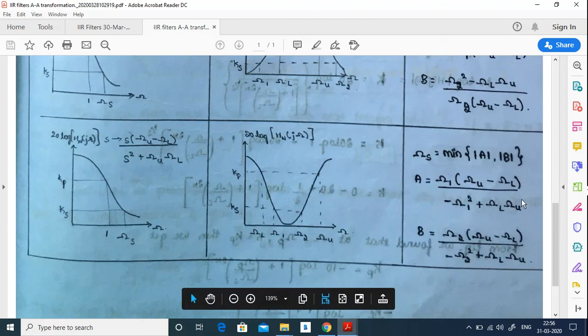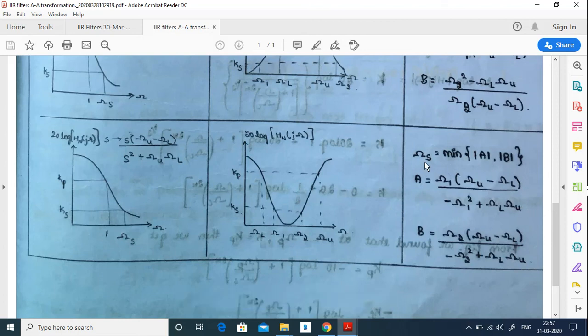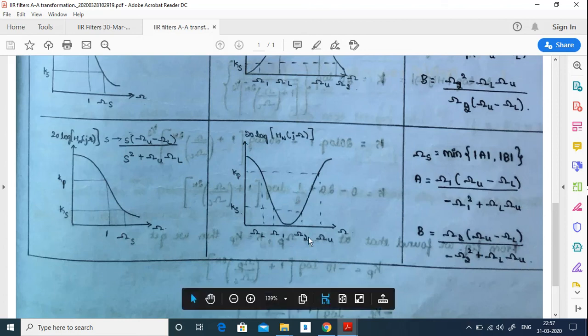So find out this value, find out this value. Out of these two values, whichever one is minimum, that will become the value for omega s. As a result, you can convert the desired band stop filter into the normalized low pass filter.